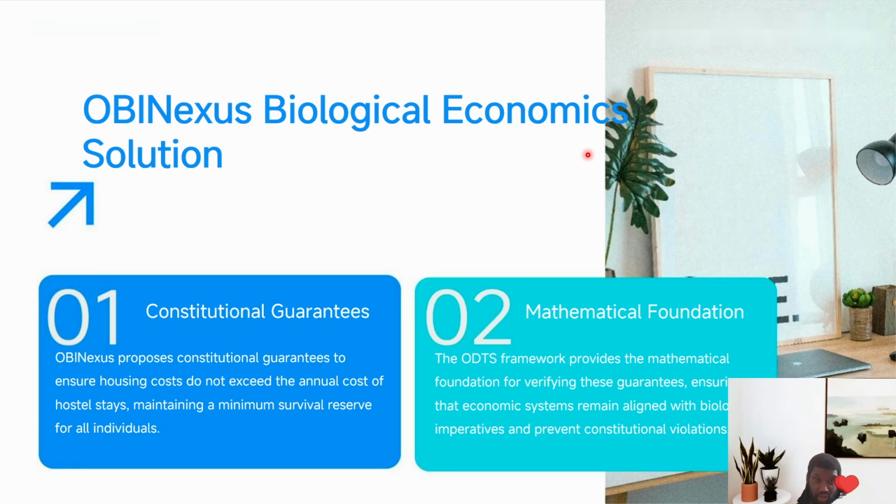Okay. Because you agree, so mathematical question. The ODCs provide a guarantee, to verify and assure the economic system remains aligned with the biological imperatives, preventing constitutional violation. Constitutional violation is the misuse of property, especially by people that live in houses, but don't live in them.